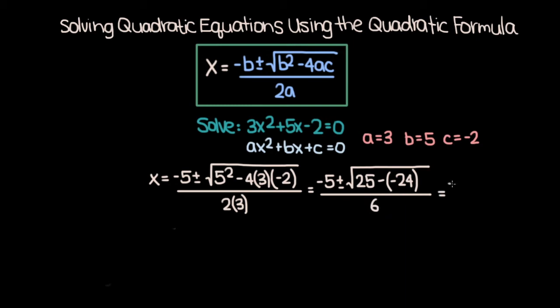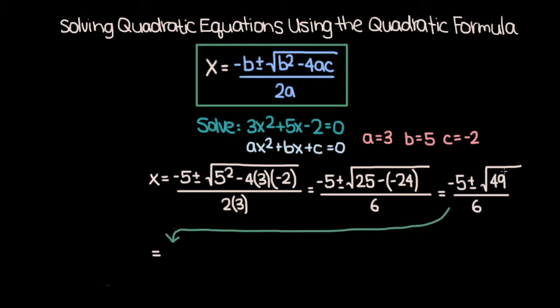So we have negative 5 plus or minus the square root of 25 minus negative 24, which is 25 plus 24, which is 49, divided by 6. The square root of 49 is 7, so we have negative 5 plus or minus 7 over 6.